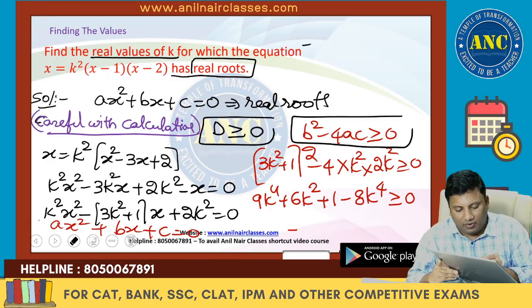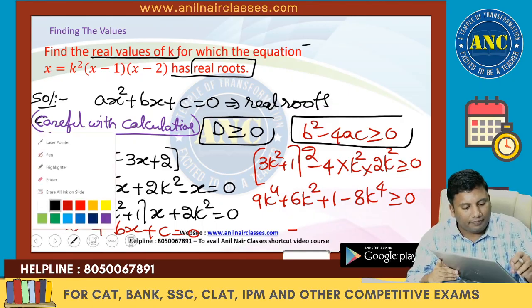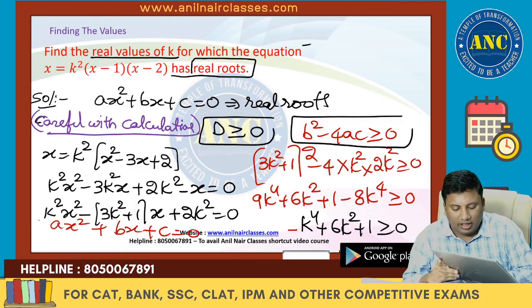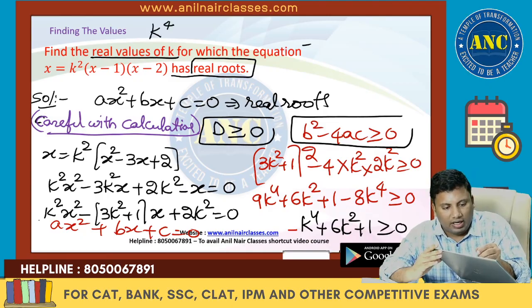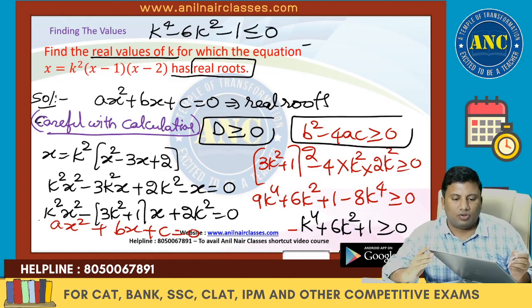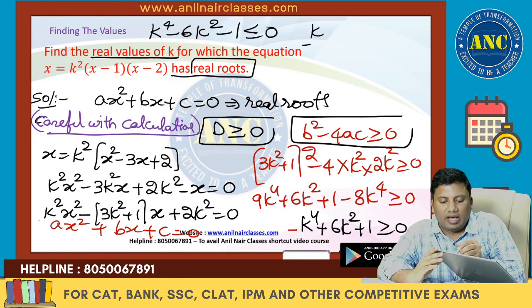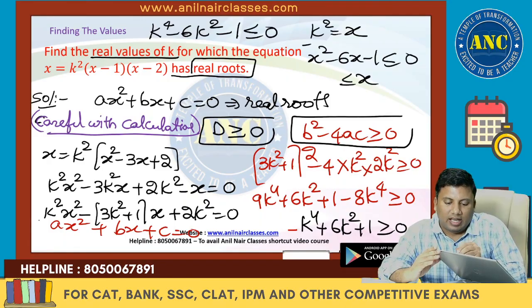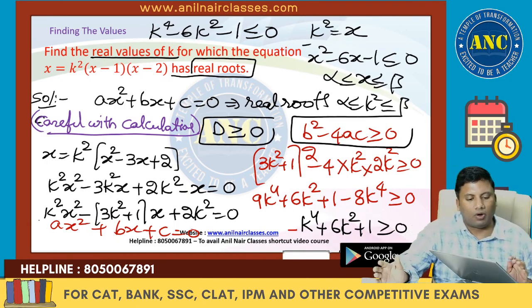Substituted, I got this equation: minus k power 4 plus 6k square plus 1 greater than or equivalent to 0. So here you will get k power 4 minus 6k square minus 1 less than or equivalent to 0. From here you take k square equivalent to x, so x square minus 6x minus 1 less than or equivalent to 0. x lies between alpha and beta, so x, which is k square, lies between alpha and beta. I hope it is clear.